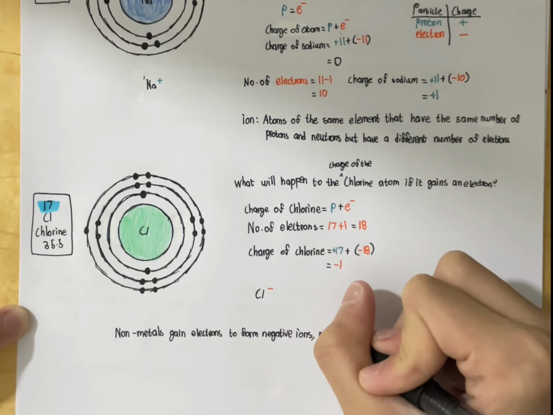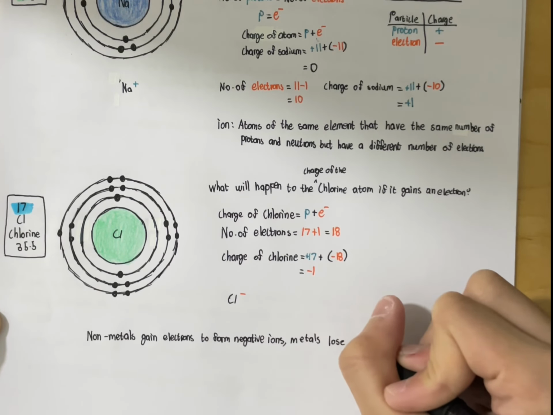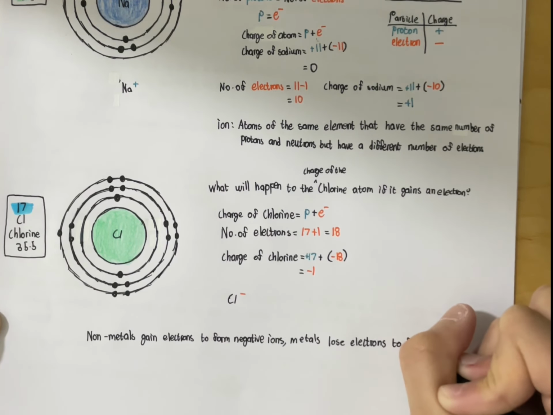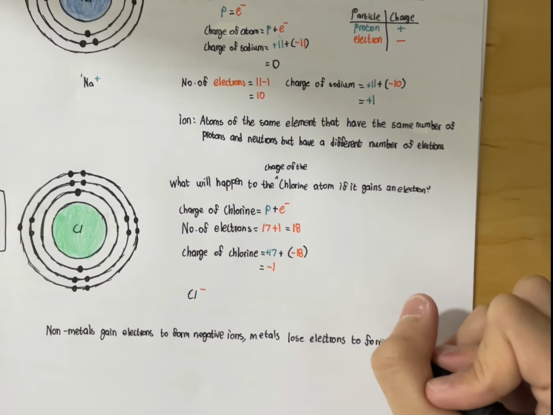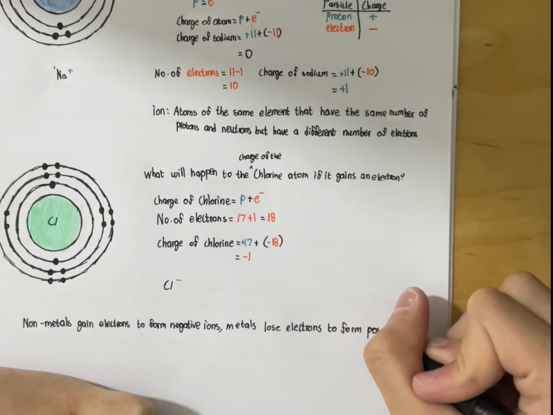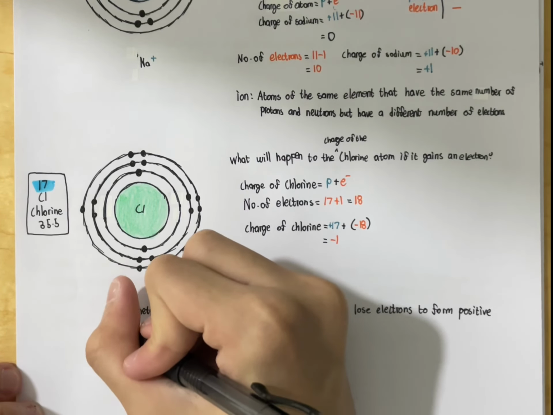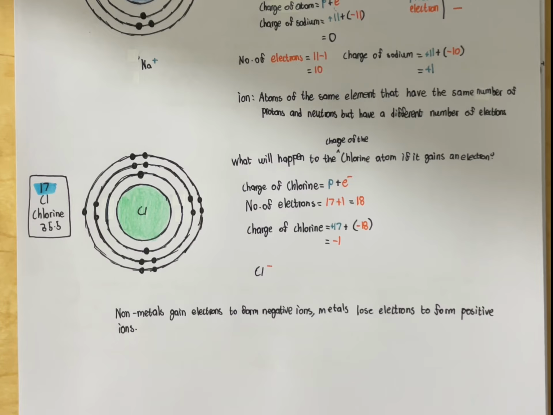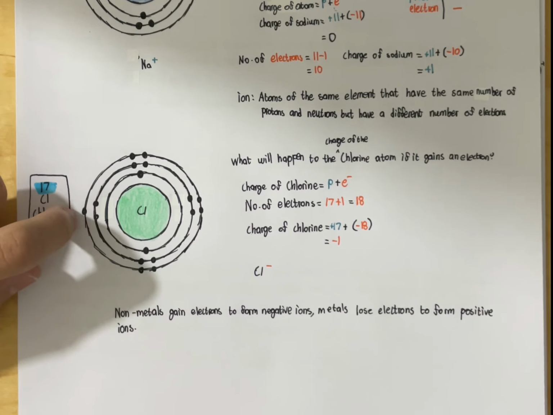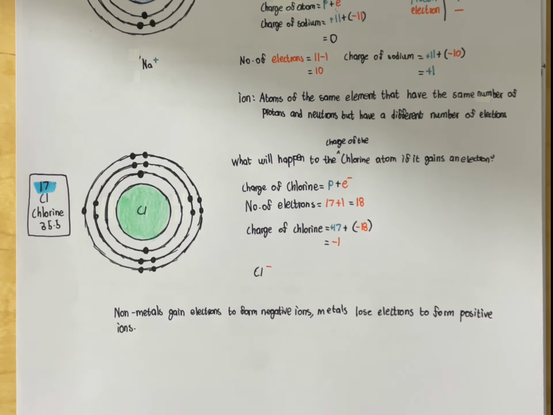Metals lose electrons to form positive ions. And you are going to learn in ionic bonding that these two will transfer electrons to each other, and these actually form your table salt, NaCl. So the more you know about chemistry, you know what I mean?